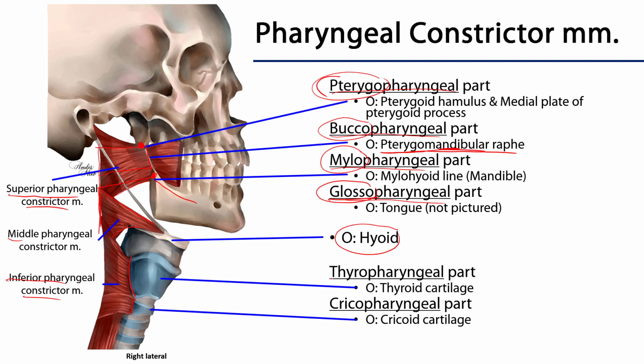So we have the thyropharyngeal and the cricopharyngeal parts of the inferior pharyngeal constrictor. And we'll see how that cricopharyngeal part actually has a very interesting series of innervations. Very cool, and we'll talk about that in just a little while.